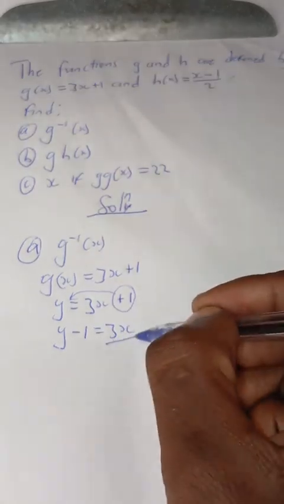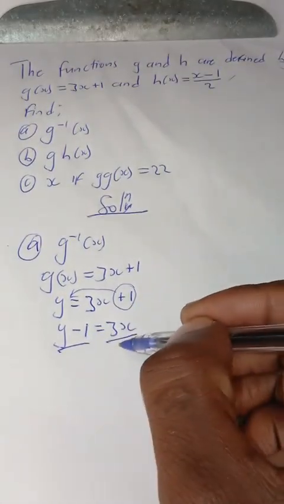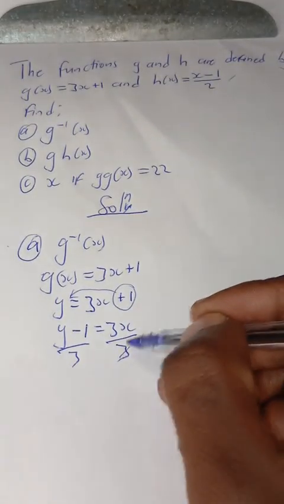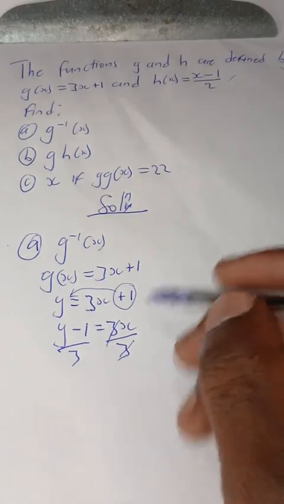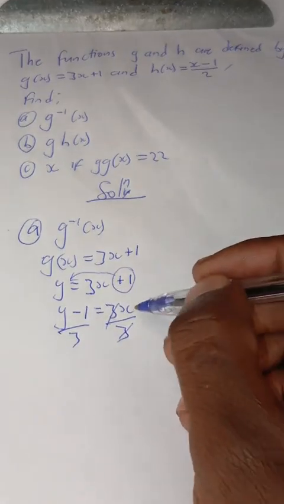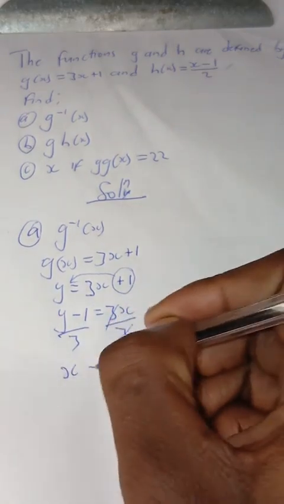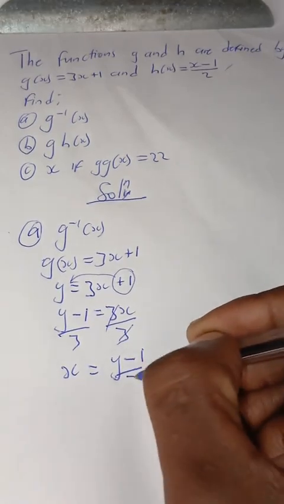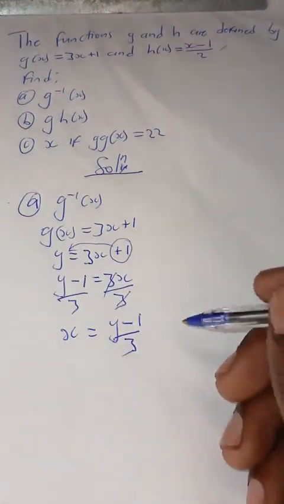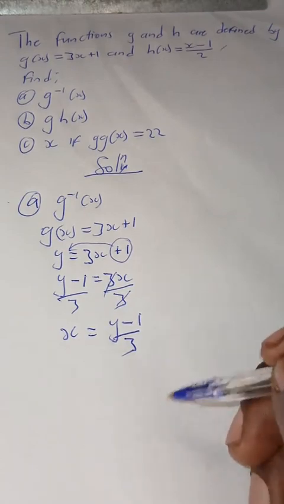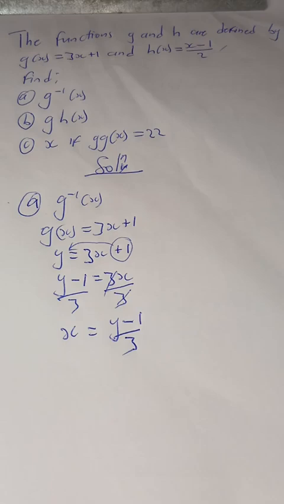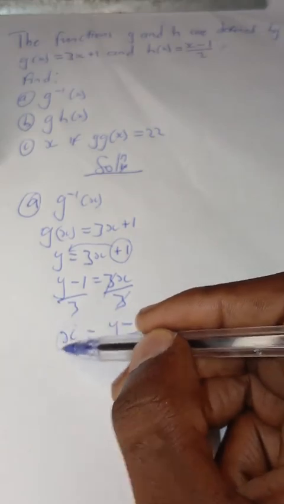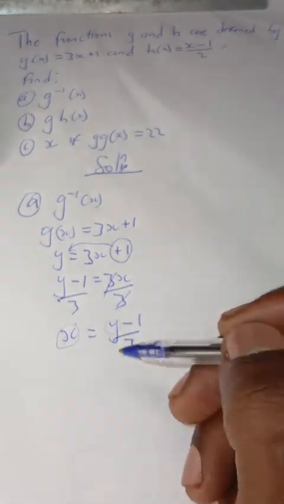What does this imply? This implies that we have to divide on both sides by 3 so that x will remain alone. So 3 into 3, we get 1, and 1 times x, we have x is equal to y minus 1 over 3. Then after that, we swap the variables. Let this guy be y and let this guy be x.